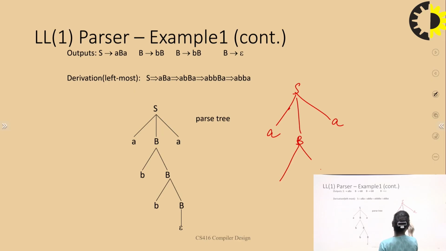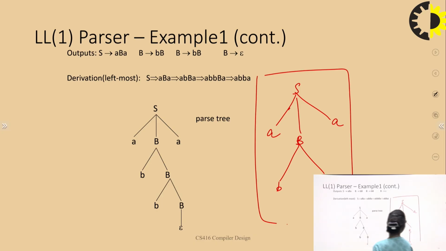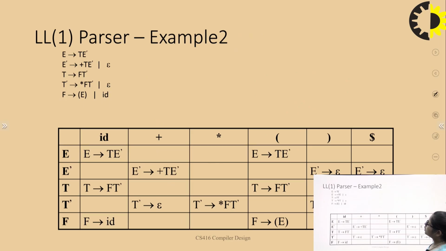Again, we further expand capital B, and then epsilon. This is called the parse tree. If I am talking about this question, first we need to calculate first and follow.